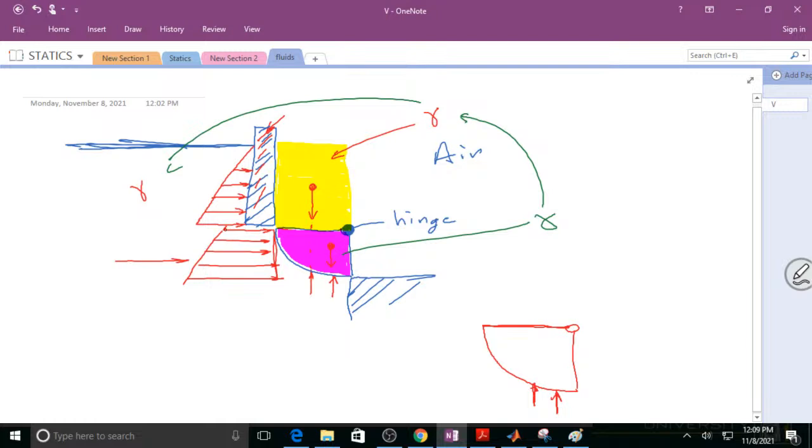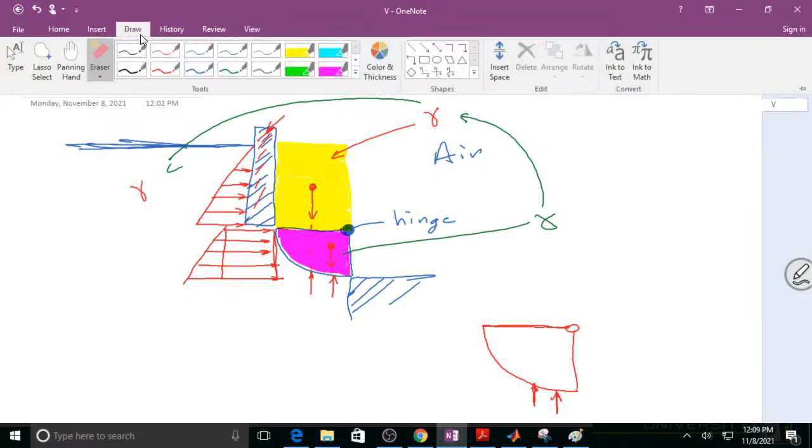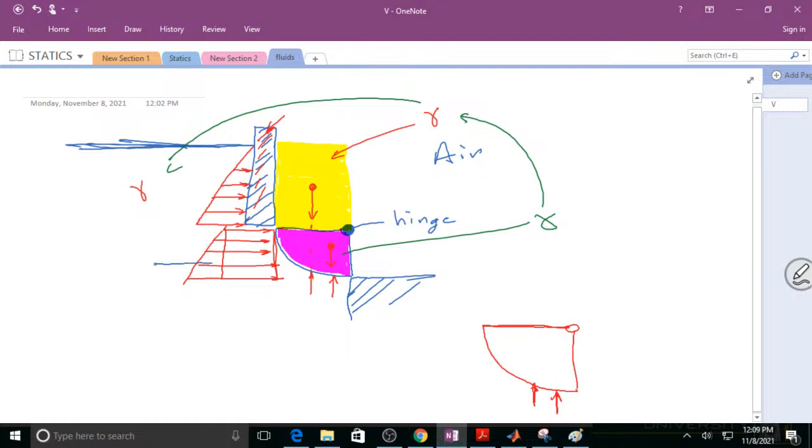This one can be broken into two forces. One that comes directly from the triangle. Okay, so this one will come directly from the triangle, and this one will come directly from the square. So you got one right here, and then you got one 1/3 down. It's probably maybe a little smaller.